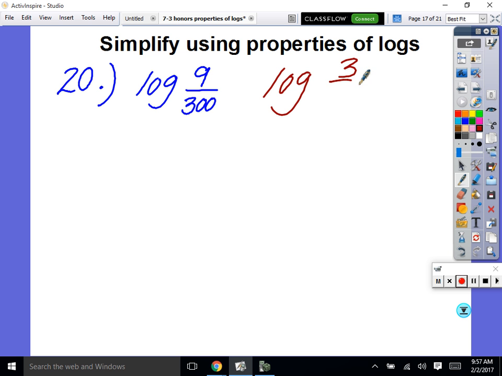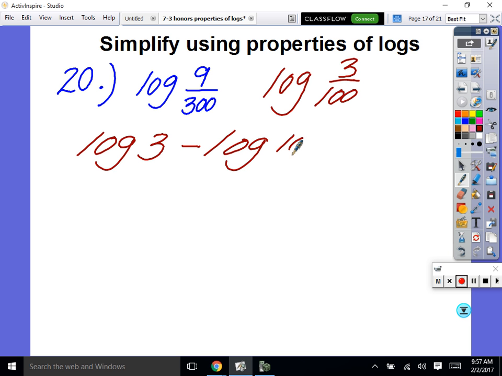That's not the only way of doing this. There are many ways of tackling it. That's what makes it hard. You have to think. We've got to keep going. So now, when you divide, you subtract. So this is log of 3 minus log of 100. Now log of 3, nothing simplifies more with that one.